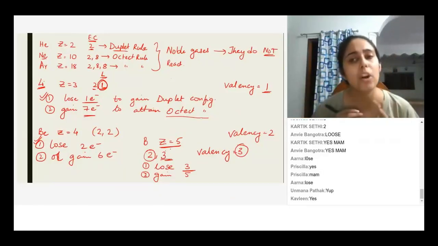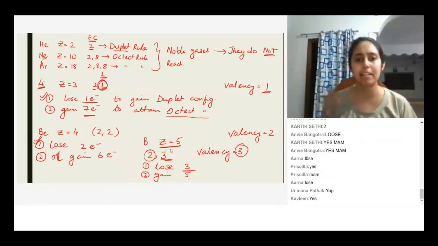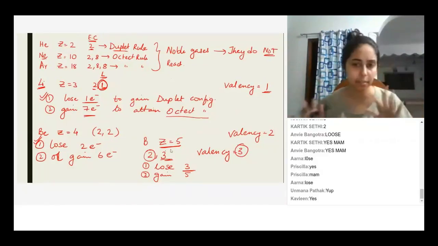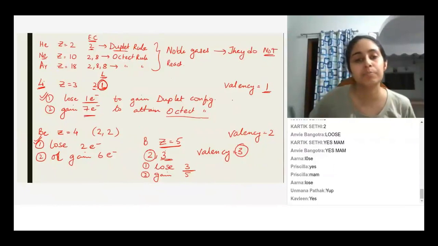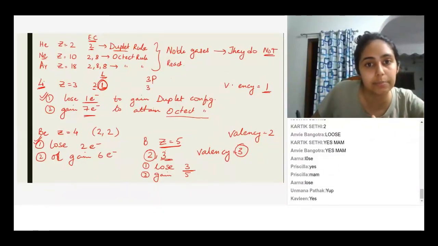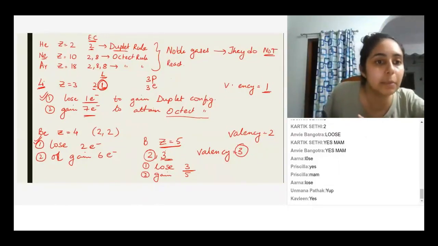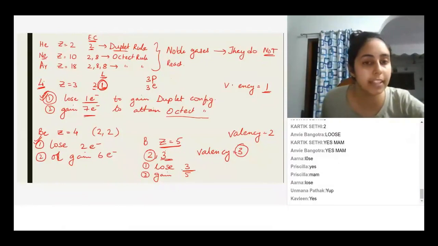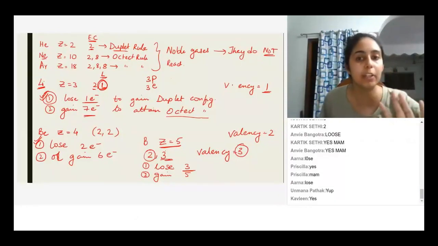Now let us look at what these signs are. What is this plus 3, minus 3, plus 2, minus 2? Let's look at that. We know that lithium has 3 protons and 3 electrons. We said that it is easier for lithium to lose 1 electron to attain the duplet configuration.